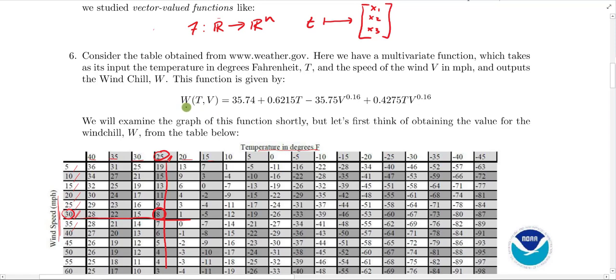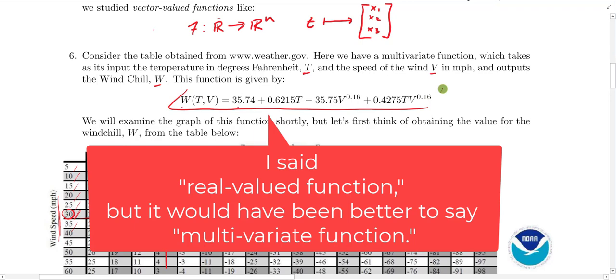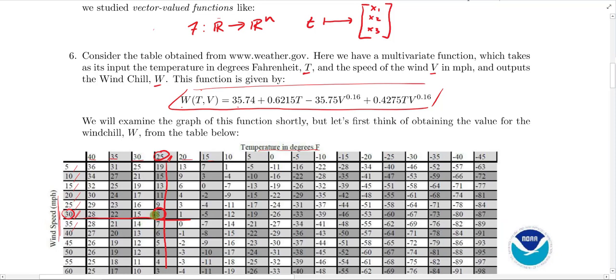And so here we have the wind chill, which we're denoting with the letter W, the temperature with T, and the wind speed with V, think of velocity, for miles per hour, how quickly that wind is blowing. So here we have a real valued function that would compute that wind chill rather than looking it up in a table.